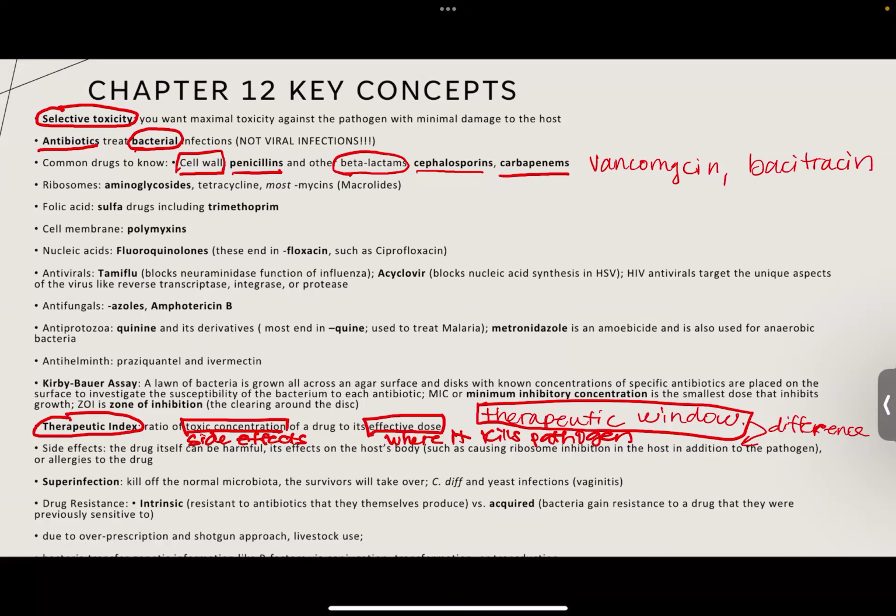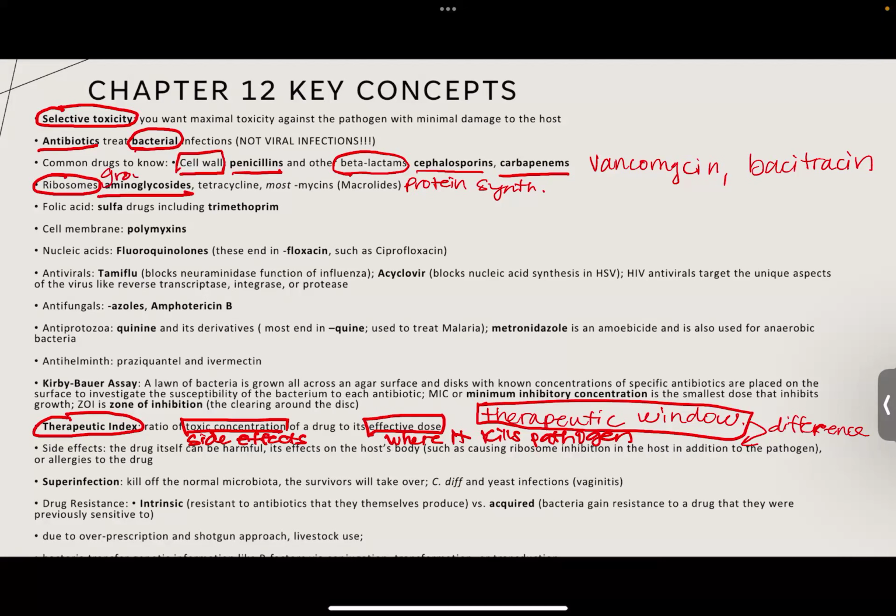Again, this is a flashcard chapter. It's just a matter of knowing which ones affect the cell wall, which ones affect protein synthesis, which ones affect folic acid, whatever. Ones that affect protein synthesis usually block ribosomes from functioning somehow. That's how they work. So these are guys that affect protein synthesis. These are going to be in a group called the aminoglycosides.